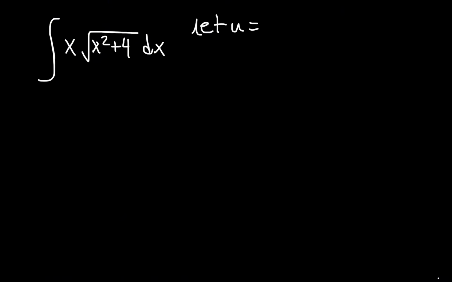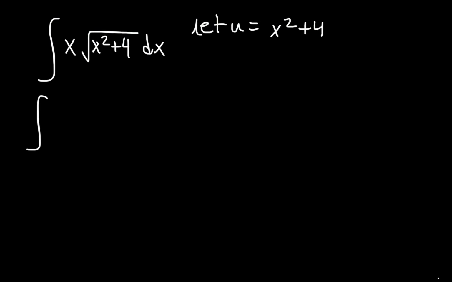Let's try this one. The integral of x times the square root of x squared plus 4 dx. Go ahead and pause the video and try it. So once again, we're going to let u equal whatever is on the inside, so x squared plus 4.